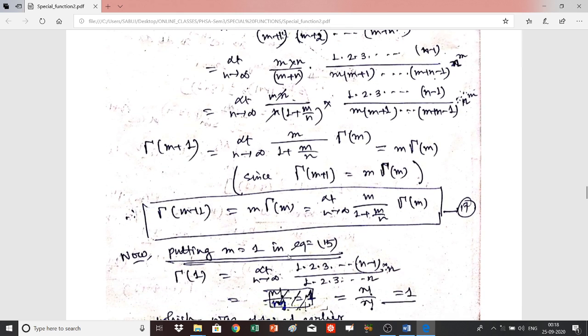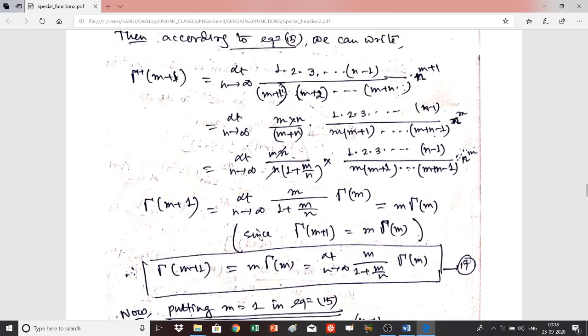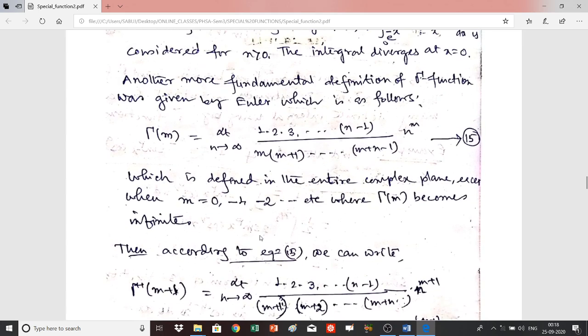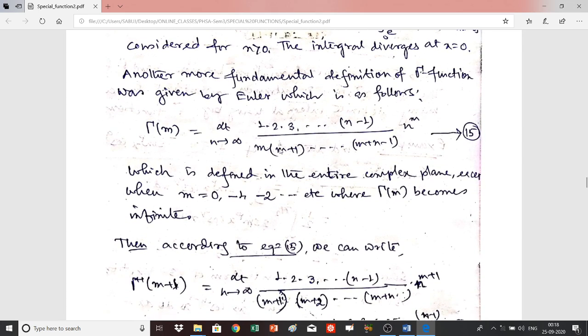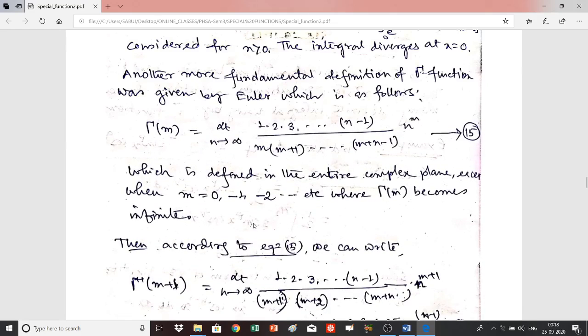And here if you use the value of m equal to 1 in equation number 15, that is in this equation, just use m is equal to 1. So gamma m gives you n tends to infinity 1 2 3 this way n minus 1, and then here you use m equal to 1, so 1 into this will give you 2, and then 3 in this way.